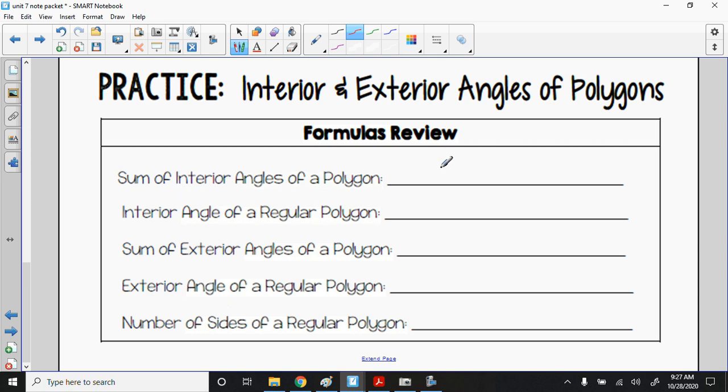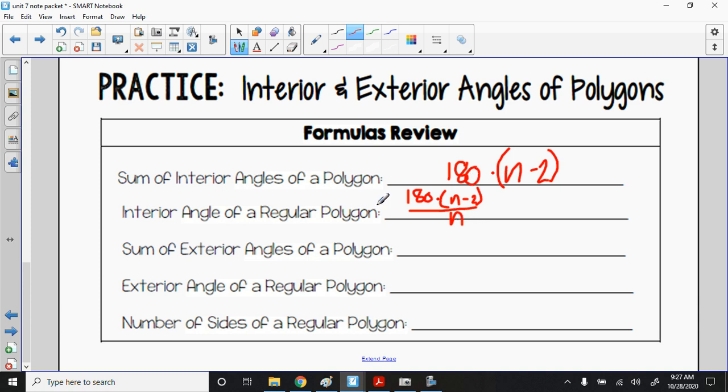The sum of interior angles of any polygon can be found by that formula we talked about, 180 times n minus 2. Interior angle of a regular polygon is going to be that divided by n. We did that on the first page. So there are the two formulas we did on the first page.